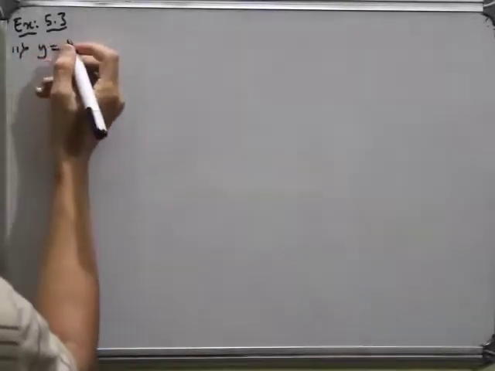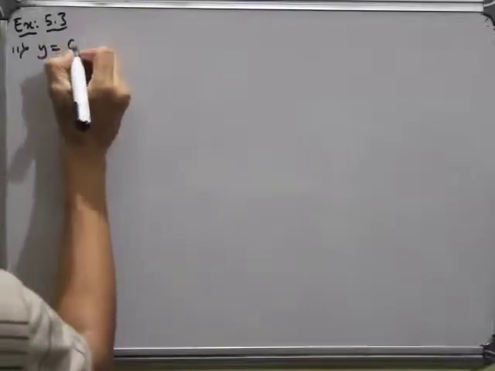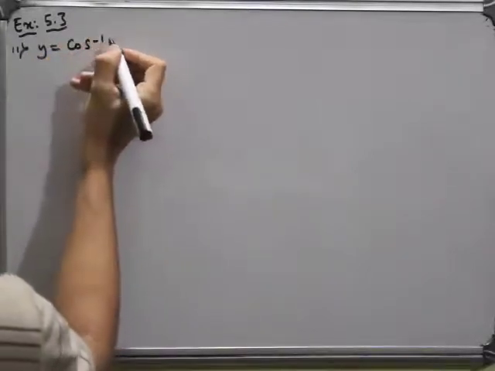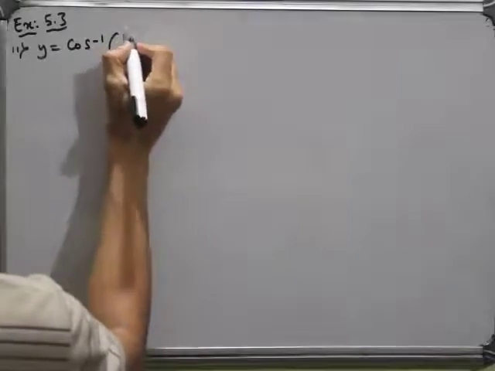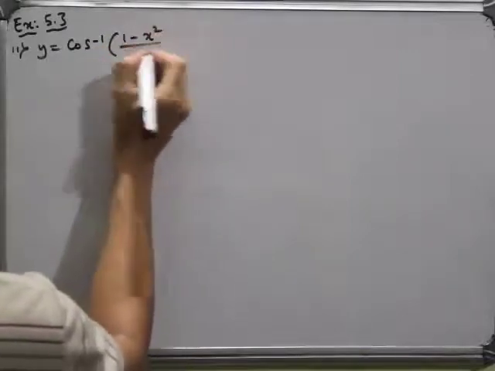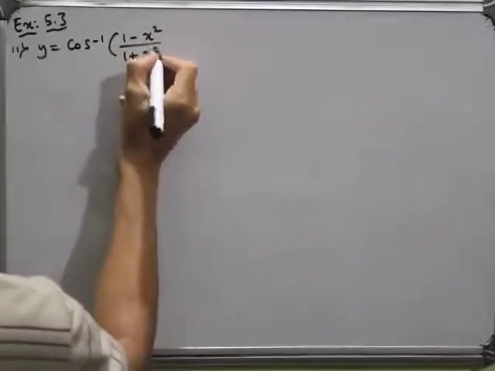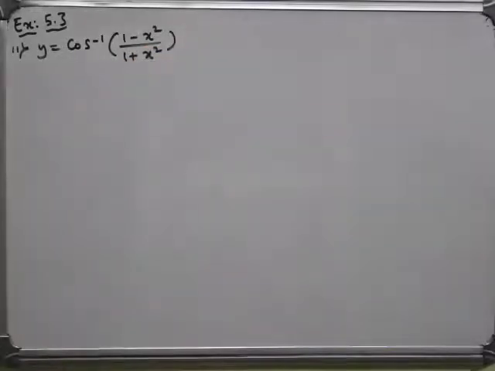Okay, question number 11, that is y is equal to cos inverse of 1 minus x square by 1 plus x square.